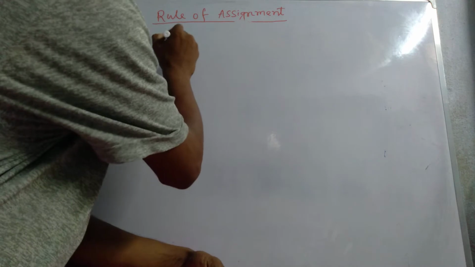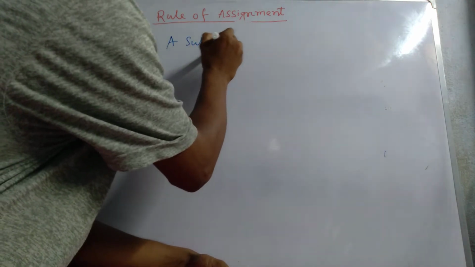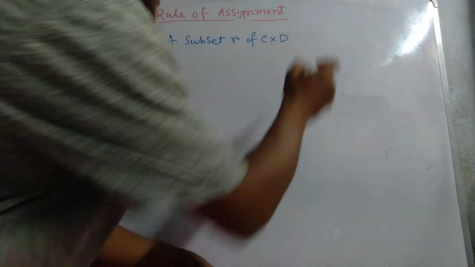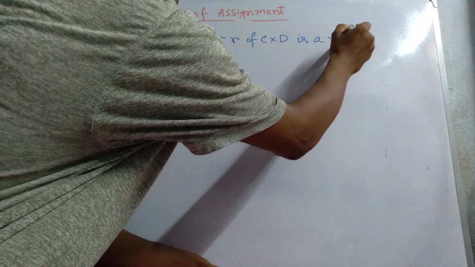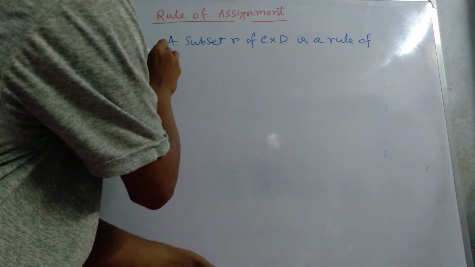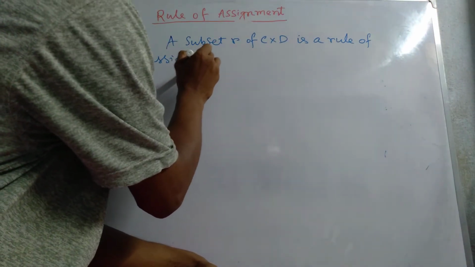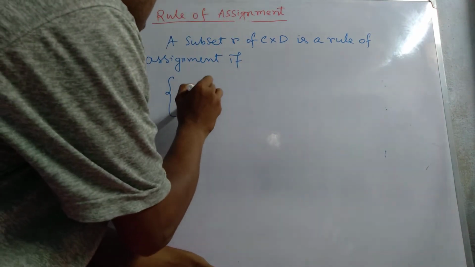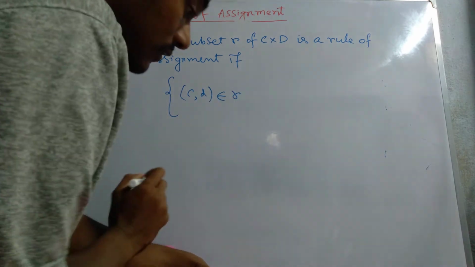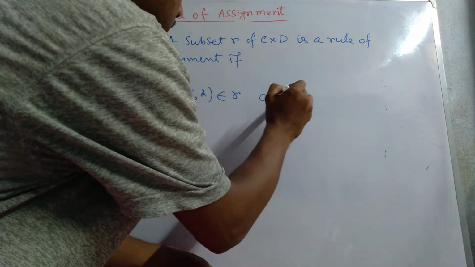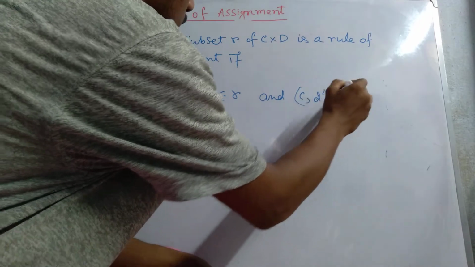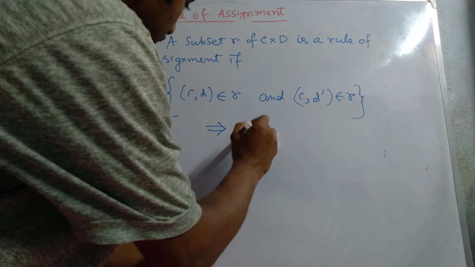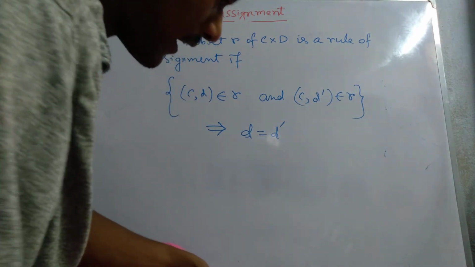In this way, a subset R of C Cartesian product D is a rule of assignment if (c, d) belongs to R and (c, d') belongs to R implies that d equals d'.